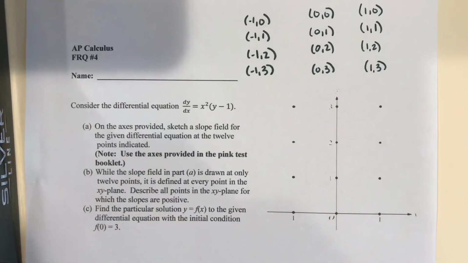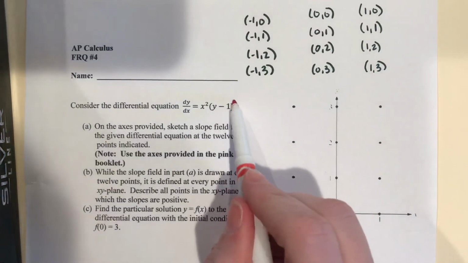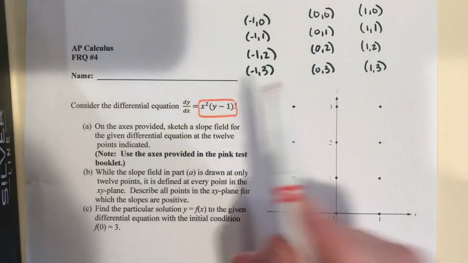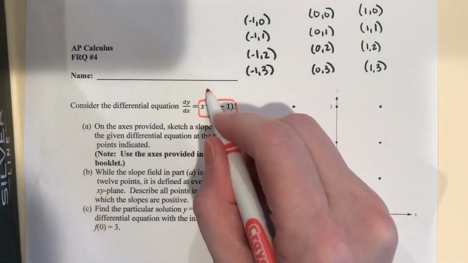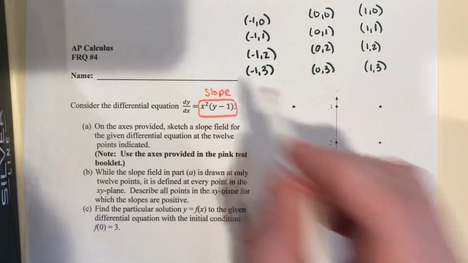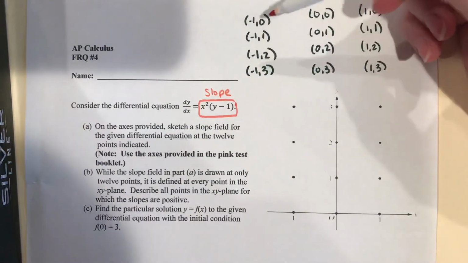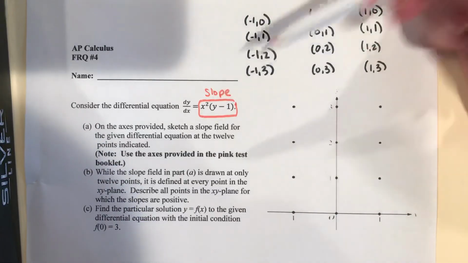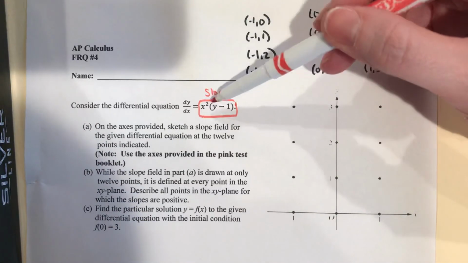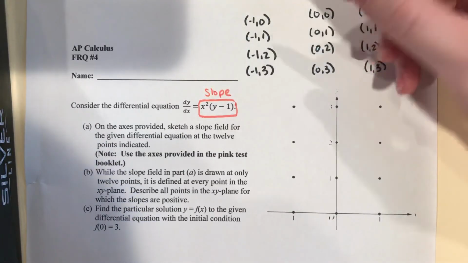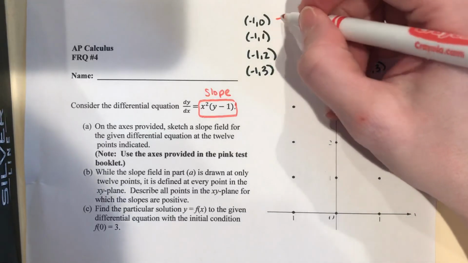My slope formula comes from the first derivative, so x squared times (y minus 1). I'm going to start with the first point. If I plug this point into my slope, I'd get 1 times (0 minus 1), so that's -1.